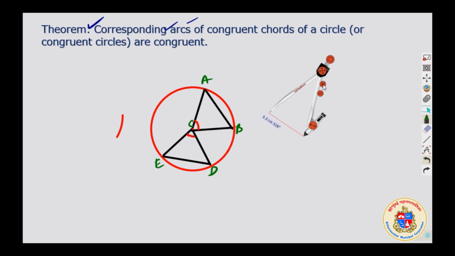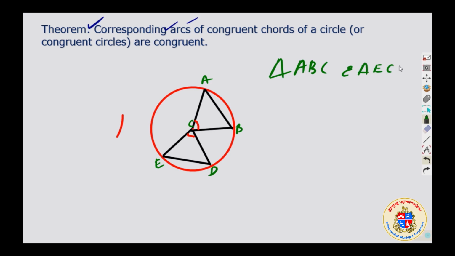Think about our theorems of congruence of triangles. If I consider triangle ABC and triangle ECD, ECD की जगह पे वही ऑर्डर पे लिखता हूँ, ABC, EDC.